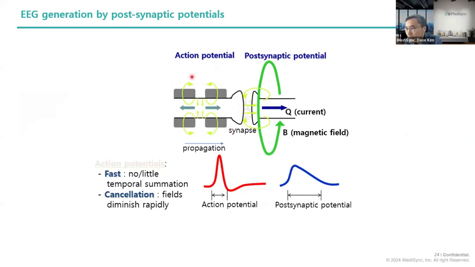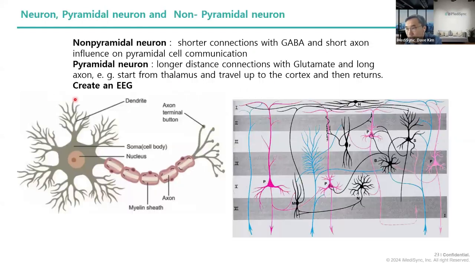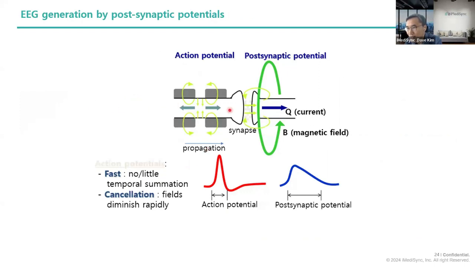Here you can see in the pyramidal neuron there is a long distance axon. There are a lot of ions going in and going out. A lot of ion influx and efflux make a lot of potential, but this kind of propagating action potential cancels each other out, and the action potential alone cannot make the EEG rhythm.